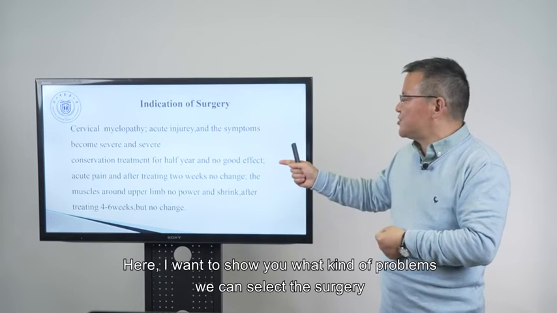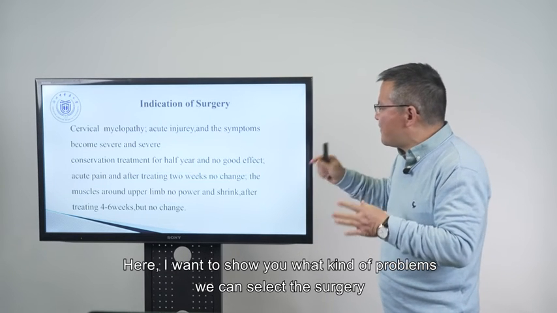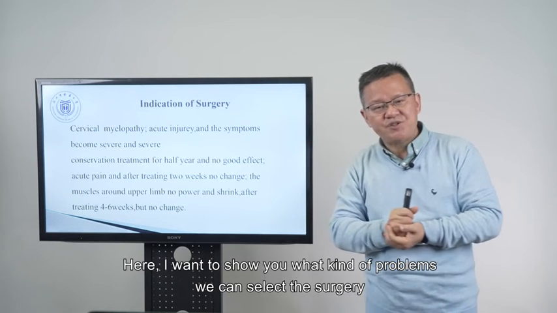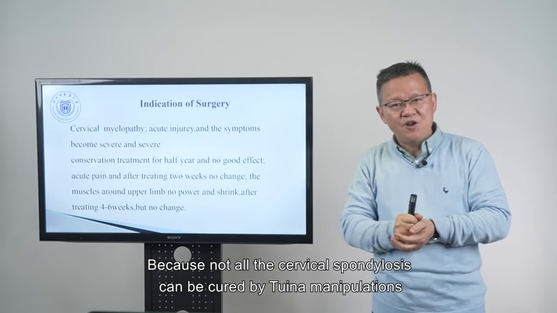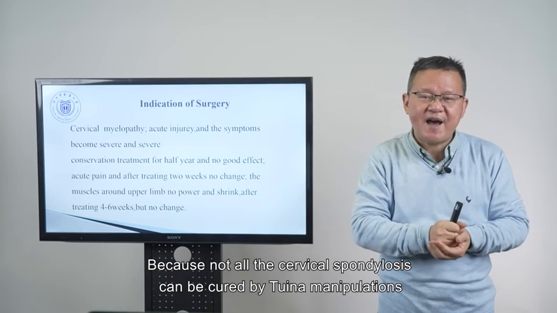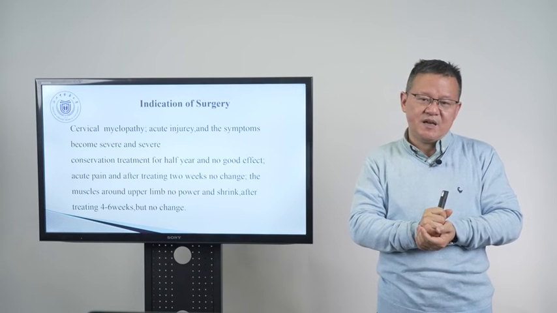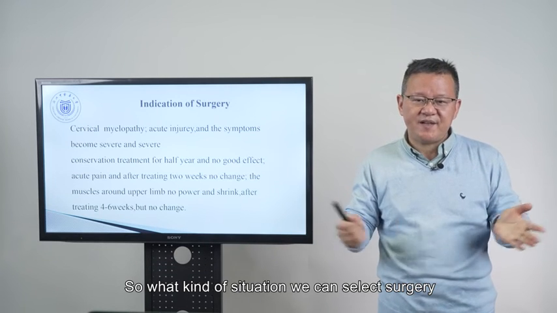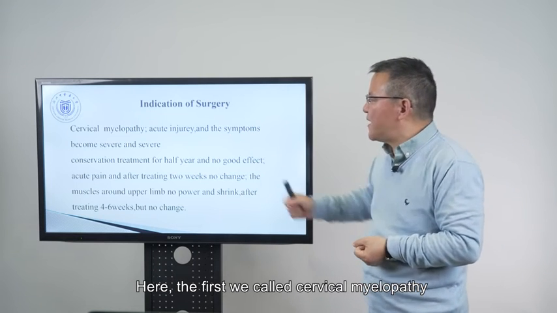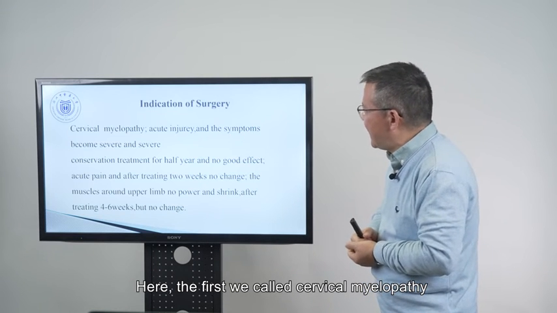Here, I want to show you what kind of problems we can select surgery for, because not all cervical spondylosis can be cured by Tuina manipulations. So in what situations can we select surgery? The first is cervical myelopathy.